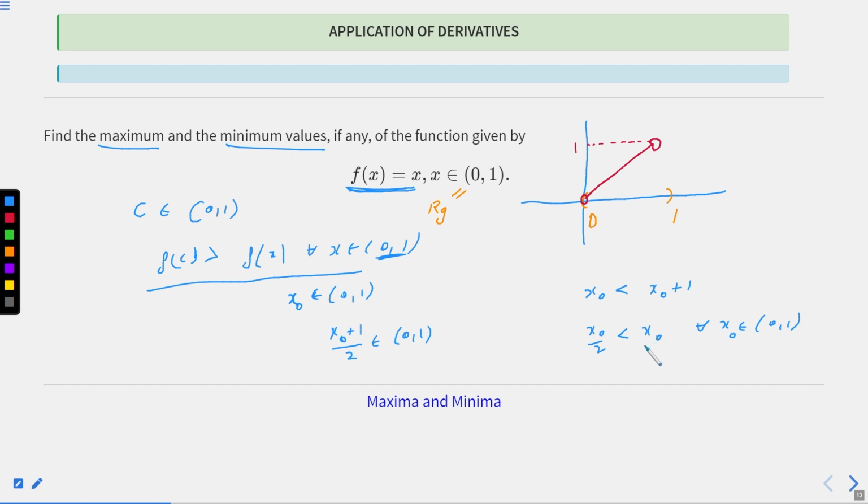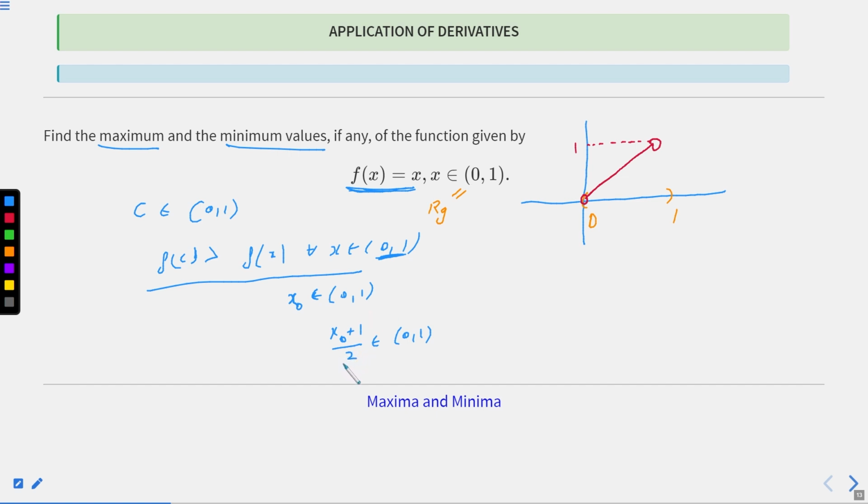This means if you divide by 2, let me be clear, this I am going to take.